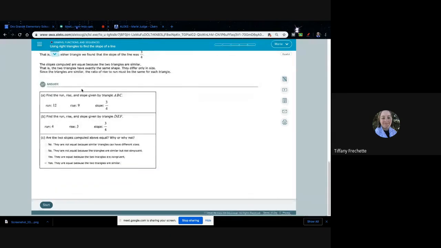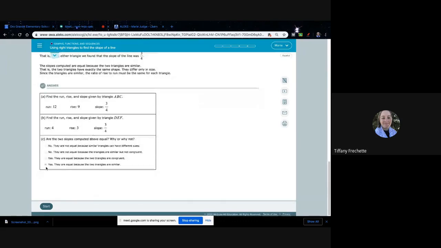Then down here they choose either yes, they match, or no, they don't, and you need to decide which one is the correct one. Either yes, they are equal because the two triangles are congruent, or yes, they are equal because the two triangles are similar. They'll only be congruent if they're the same size and shape. These are the same shape, but not the same size, so we click yes because they are similar triangles.